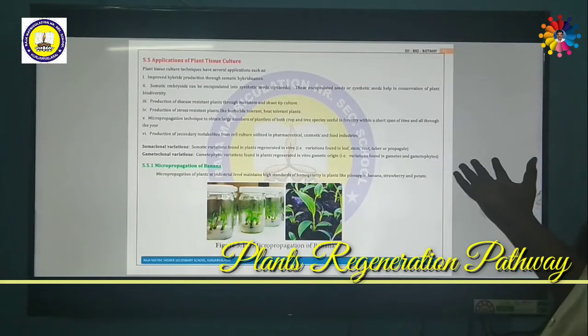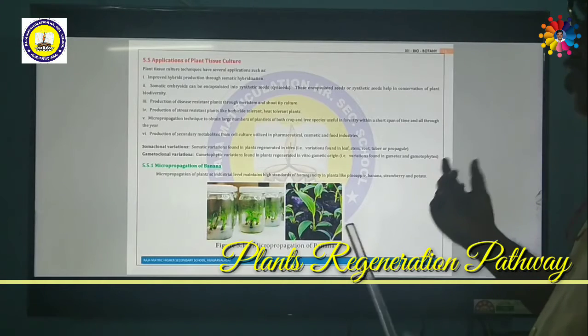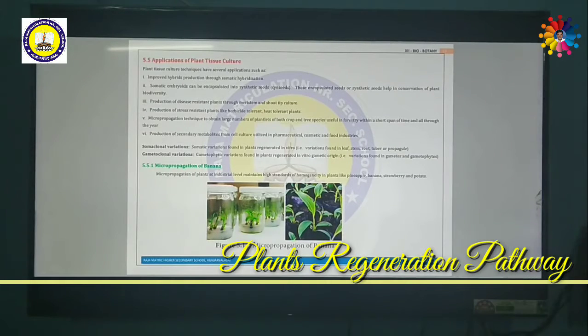That will produce variation. So somatic variation found in plants regenerated in vitro, found in leaf, stem, root, tuber, propagules, is called somaclonal variation. Gametoclonal variation, gametophytic variation, is found in plants regenerated in vitro of gametic origin. Variation found in gametes and gametophytes is called gametoclonal variation.